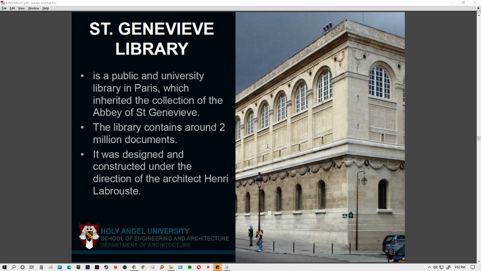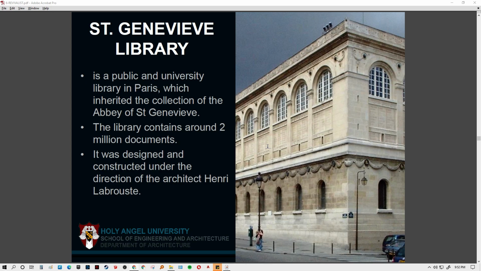Since during those times religion was one of the main purposes of developing a structure, it was initially used as a convent or for church purposes, and it has documents about the abbots in this place.